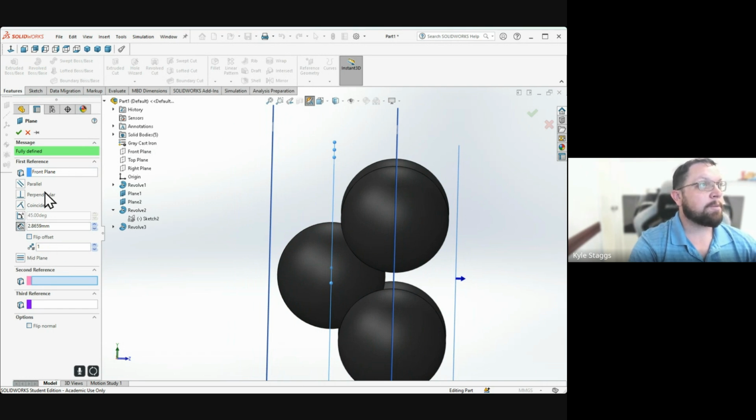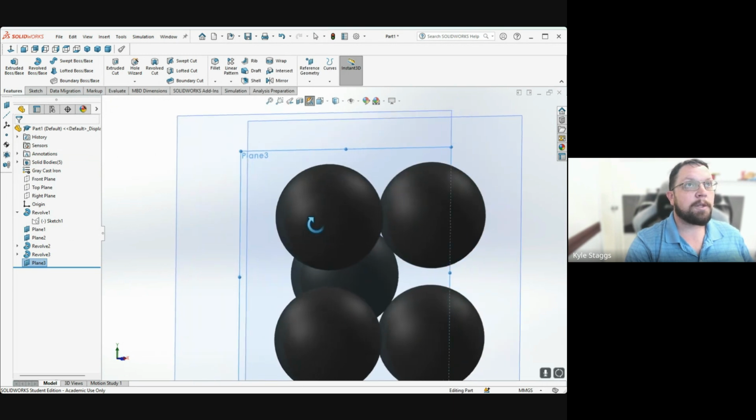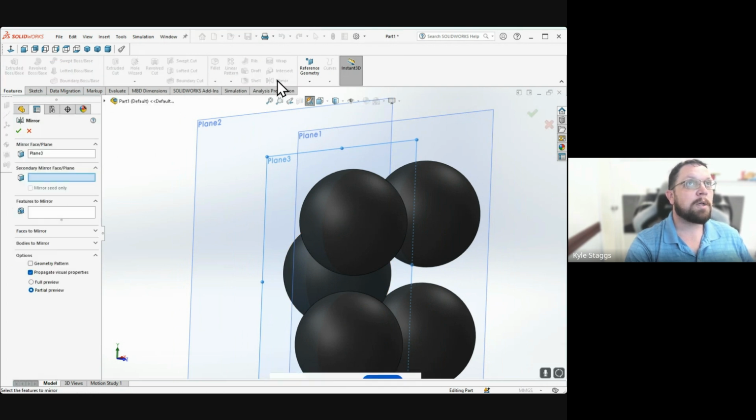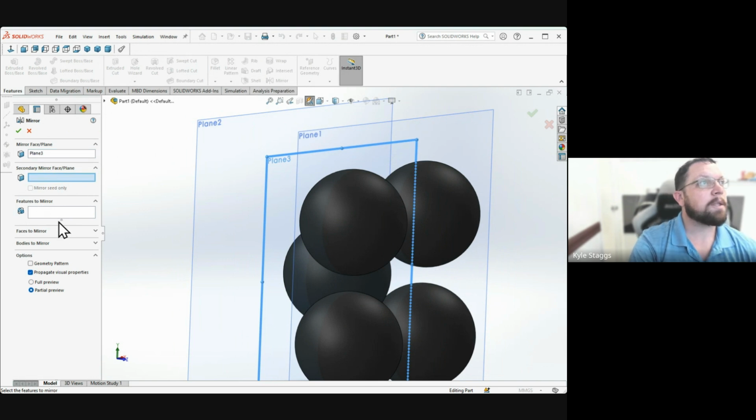We could use that as a mirror plane, but we want to do a 0 offset. This will allow us to do a mirror, and the objects will show up coincident with plane 2. So it's already got our mirror plane selected correctly.